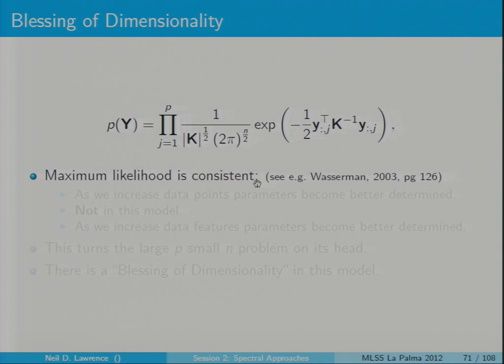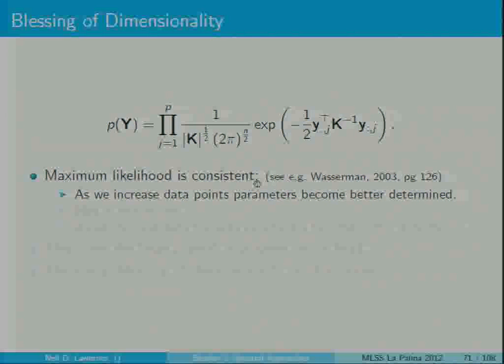Maximum likelihood is consistent. As we increase the data points, the parameters become better determined. The way you demonstrate maximum likelihood is consistent is by looking at KL divergences between the true distribution you don't know and your approximating distribution. You assume your approximating distribution is in the class of the true distribution, and you show that you can get a sample-based approximation to that KL divergence, which is the likelihood. As that sample-based approximation gains infinite data points, you will recover the true KL divergence minimization.